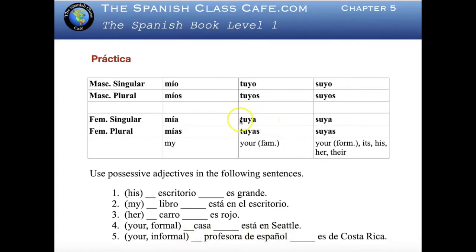Tuya, because profesora de español is feminine singular. La profesora tuya es de Costa Rica. And that's how it works. Remember, these ones go only in the back of the nouns with a definite article in the front.